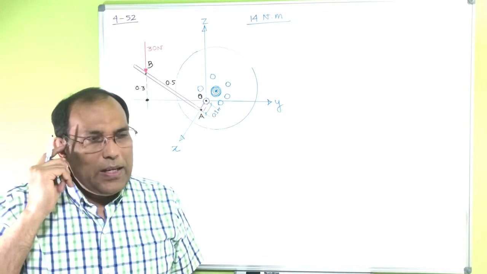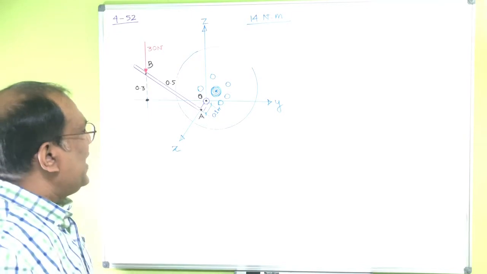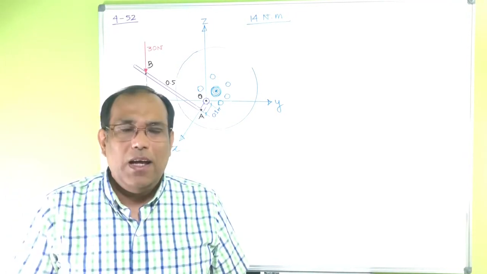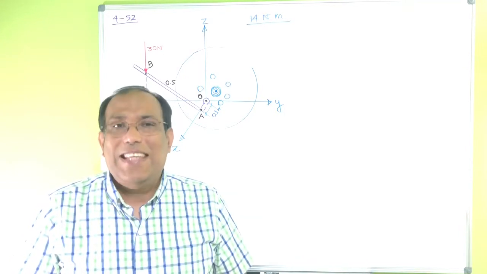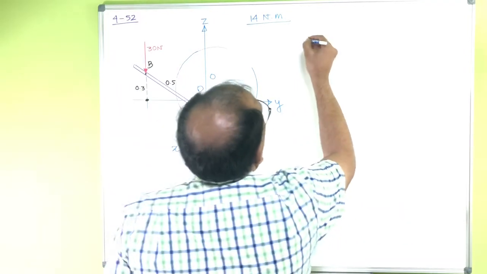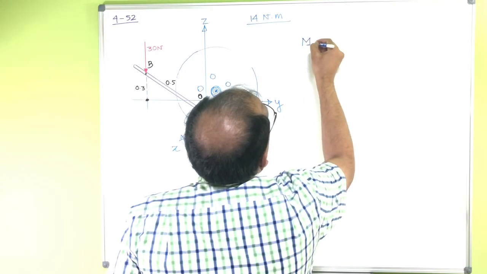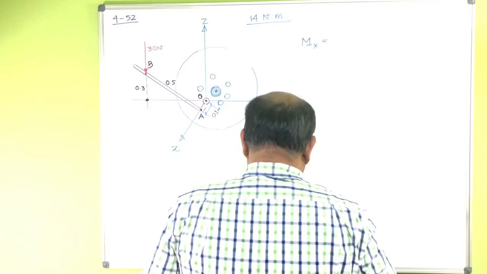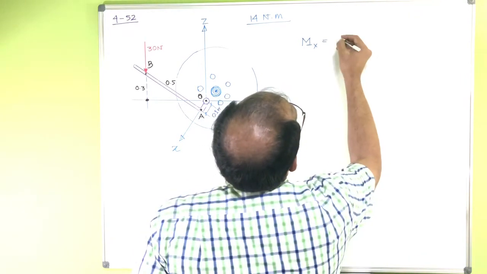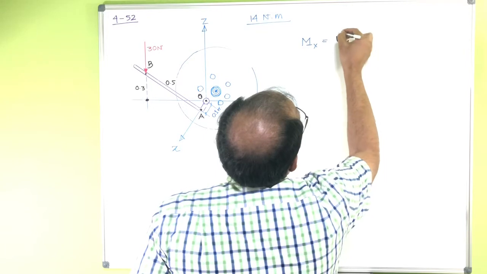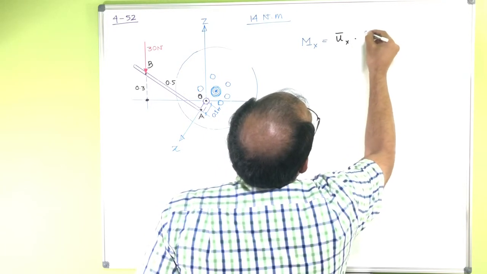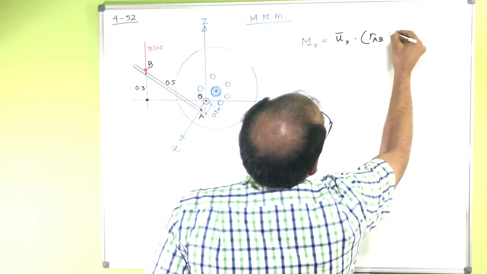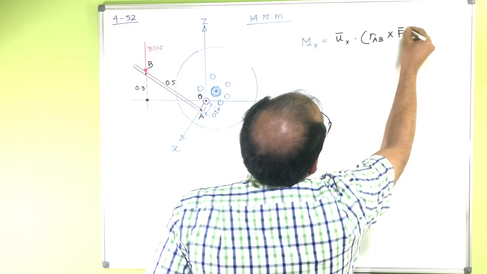So what I have to do here, since they are asking how much moment or torque this is going to create along the x-axis, my moment along the x-axis would be equal to ux dot rAB cross F.